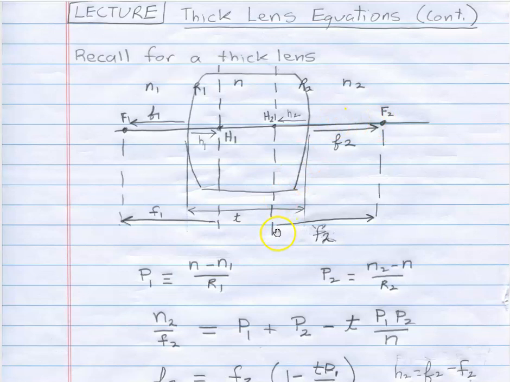We have the focal length f2 that's measured from the secondary principal plane H2 horizontally. And our sign convention is any vector pointing to the right is positive, any vector pointing to the left is negative. And we have similar things on the front side.